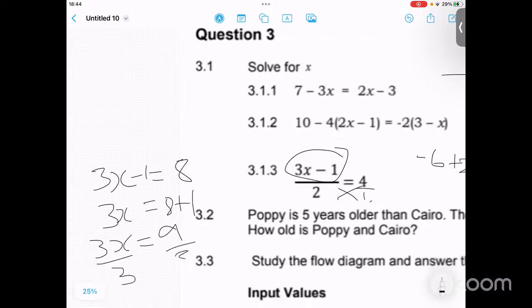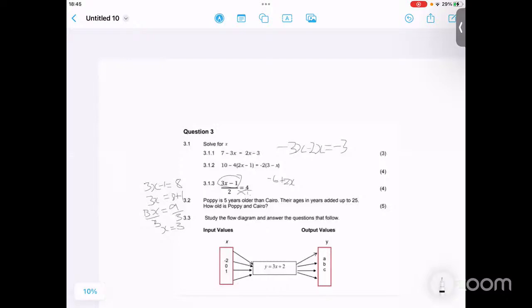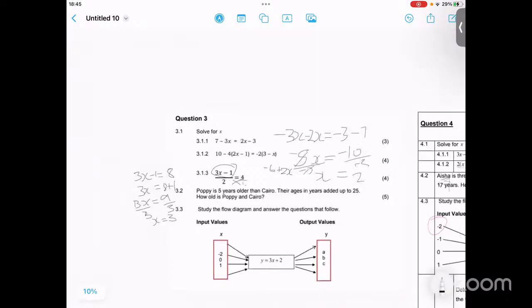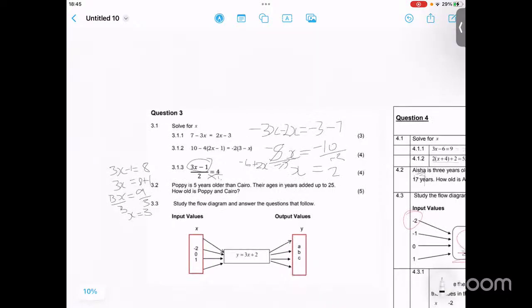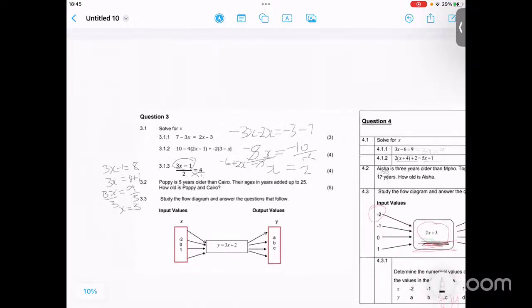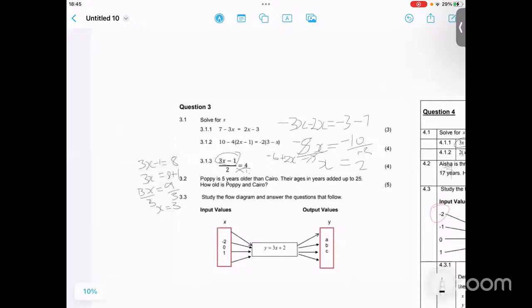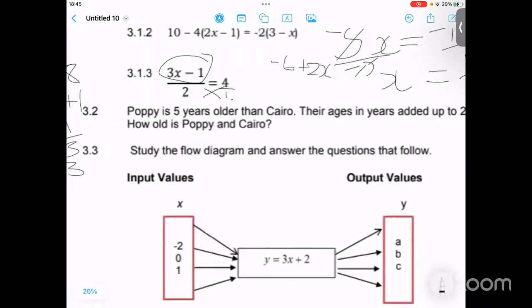And then we get our x is equal to 3. Do you see that these questions are almost the same? Because we also got x being a 3 here for this one. Okay, cool. And that is the answer.